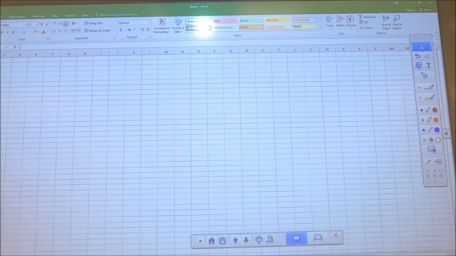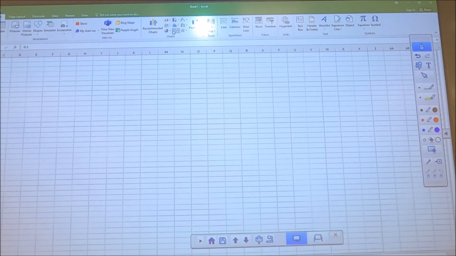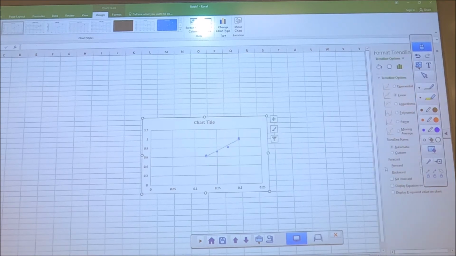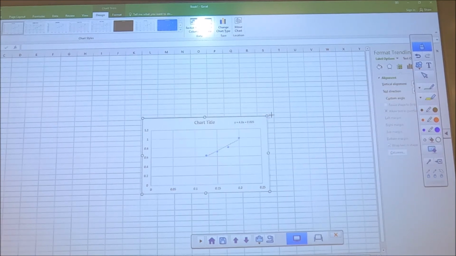So let's say I've got an absorbance here of 1, and then 0.8, and here 0.71, and here 0.63. Okay? I'm going to highlight those, go to Insert, and then go to XY Scatter and have it plotted. Right-click on one of the dots, have it add trend line, and display the equation on the trend line. Let me pull this up.